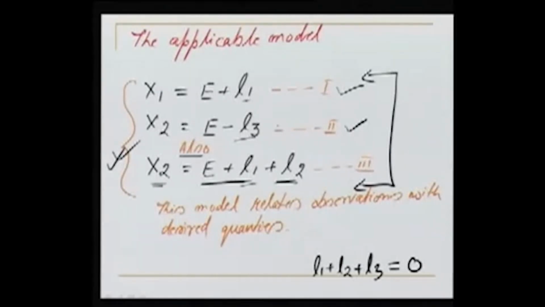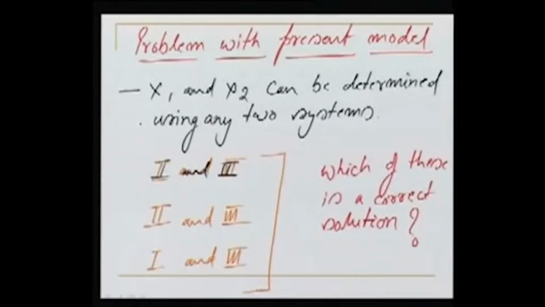And by solving these two, I can find x1 and x2. That's very easy. But at the same time, I can also do it by taking equation 2 and 3. Also, I can do it by taking 1 and 3. So what we are saying here, the solution for x1 and x2 can be found by these three routes.